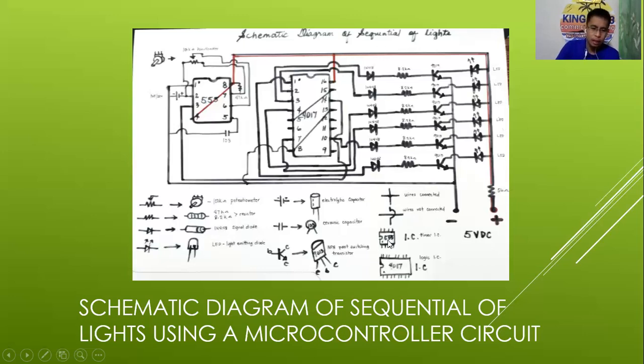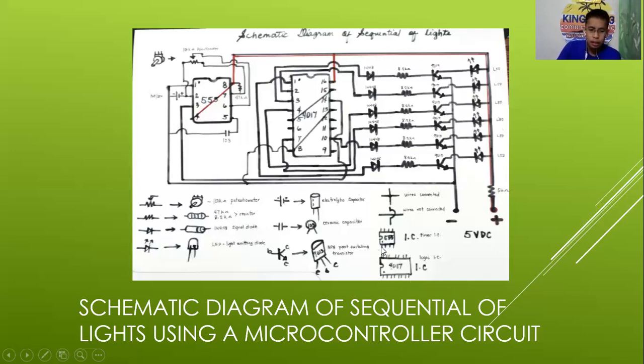And these are the symbols of IC, because we have two ICs, 555 and 4017, the timer IC and the logic IC. So if you see that there is a dot, that is the start of pin counting. So it starts here from 1, 2, 3, up to 8 and up to 16.